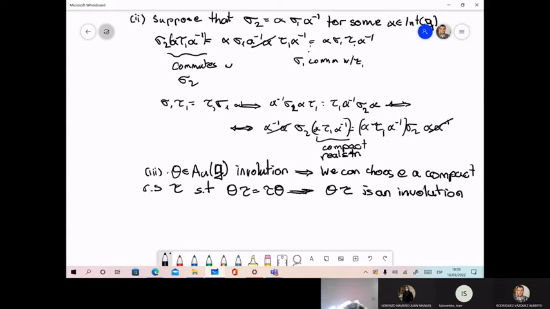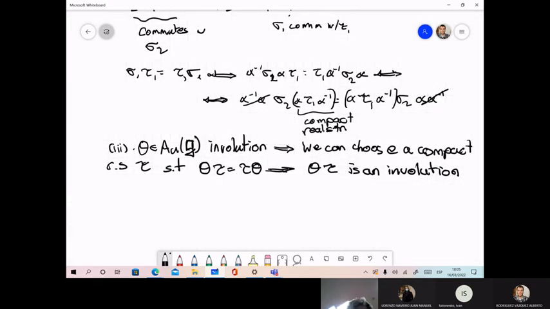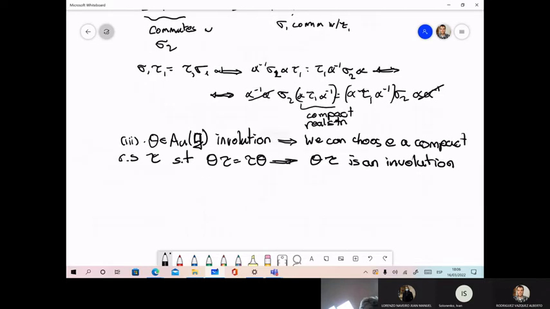Just by taking squares and saying that it's the identity because it commutes, and it is antilinear because tau is antilinear and theta is linear. Okay, so theta tau is an involution.